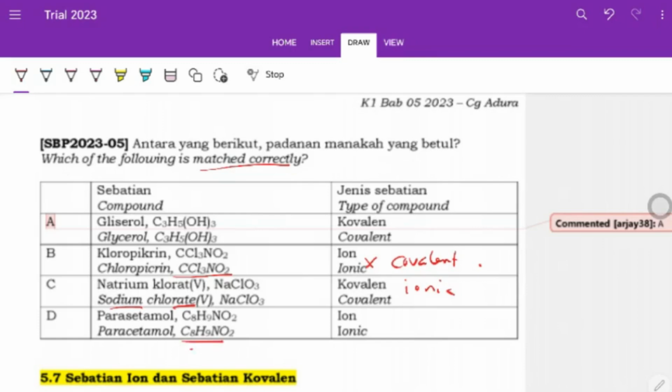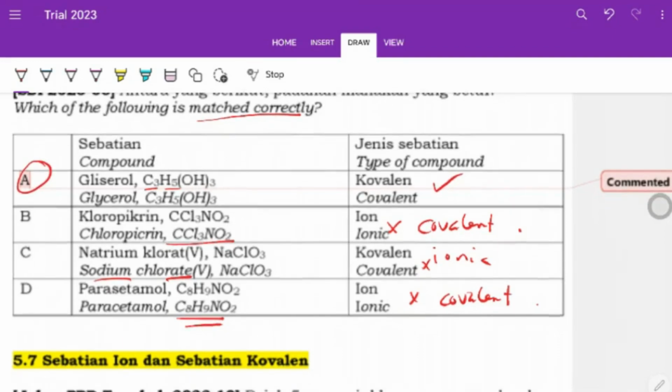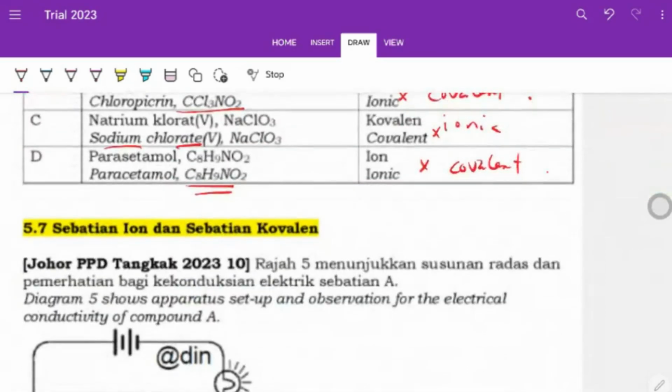Paracetamol, is it ionic? No, this one should be covalent. So A. Very easy to recognize. If metal with non-metal, then it will be ionic. If non-metal with non-metal, then it will be covalent.